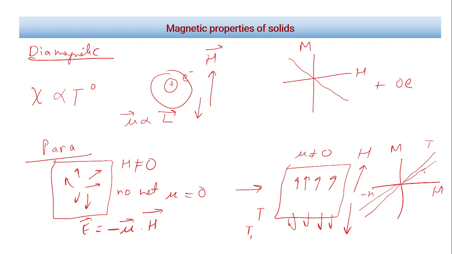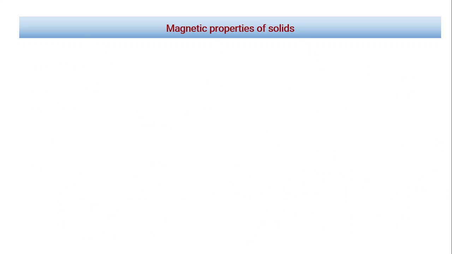That is why there will be a requirement to apply more field to make all of them align, and thus to increase the magnetization. And the relation is that susceptibility is inversely proportional to temperature. The next type is ferromagnetism.